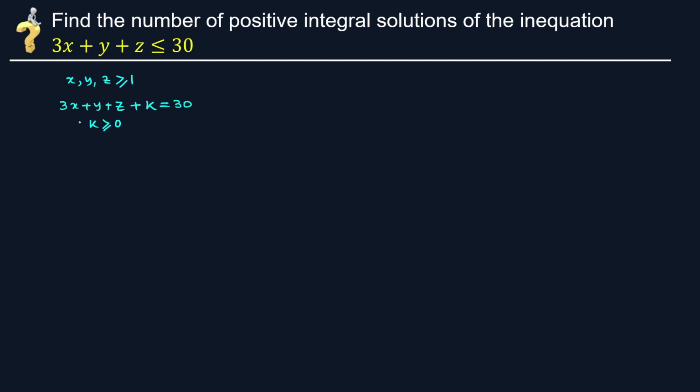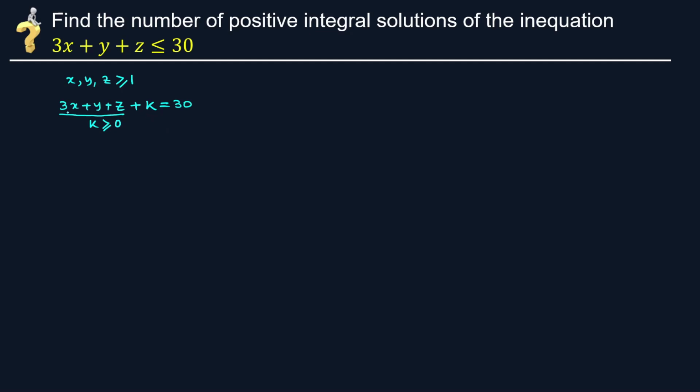Now when 3x plus y plus z gives us 30, then your k will take the value 0. And now if it takes the value 29, then k will take the value 1, and this thing goes on. Am I correct or not? Maximum what can happen? Your k can take the value 30.